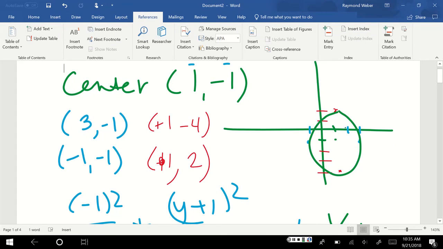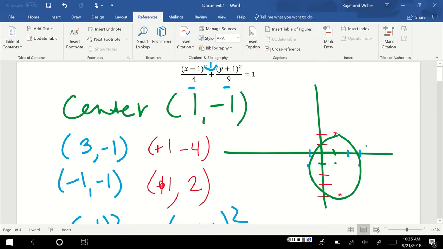Crunch the decimals in your calculator. Make sure they make sense. If they don't, this is when you go back, put in extra points, and figure out what you got wrong. So this is like anything else. You can draw an XY chart and start tossing points at it. If something seems off, your x and y intercepts don't match, either you did the math wrong, or something else is wrong in your graphing, and that's when you start throwing points at it.